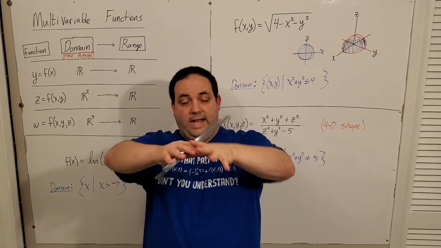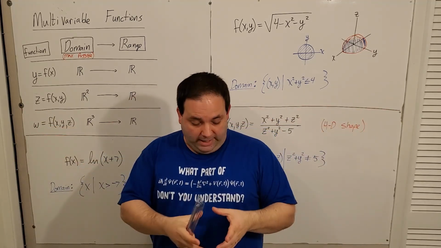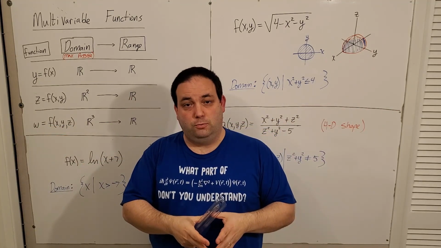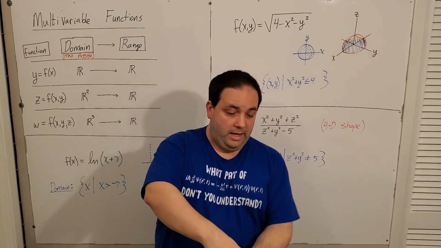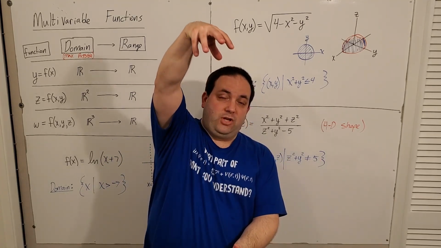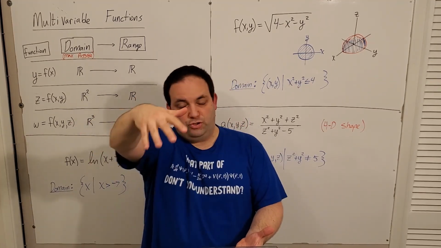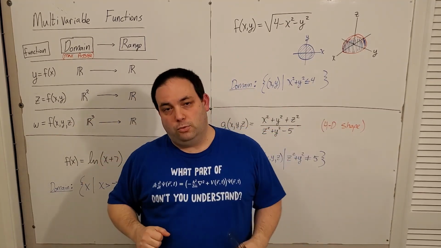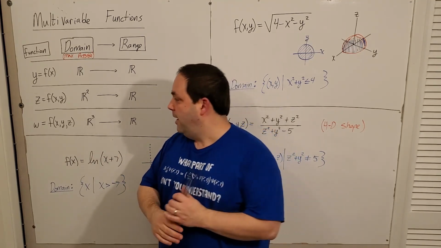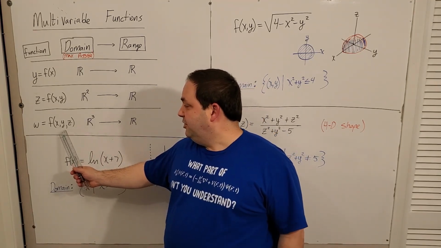So that's where you get your surface from. My domain is two-dimensional, and then as I get the z values off of that two-dimensional shape, I'll get a three-dimensional surface flowing through space. Next stage up.